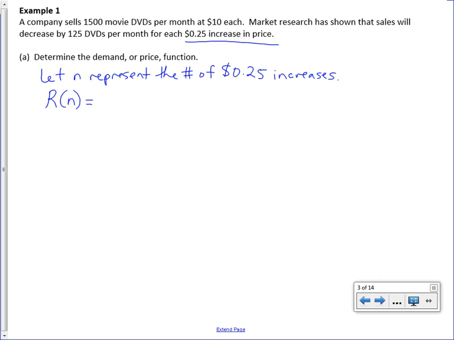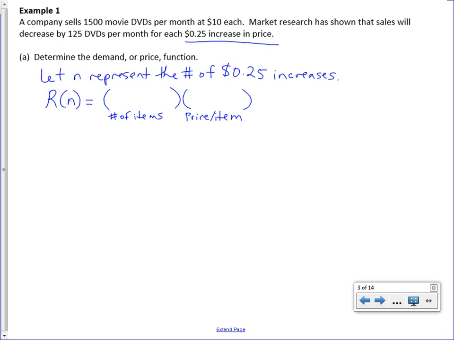Remember, the two things you multiply to come up with revenue are number of items times price per item. I'm going to write that underneath here: number of items times price per item. Based on the fact that n is the number of 25-cent increases, let's go to the price part.